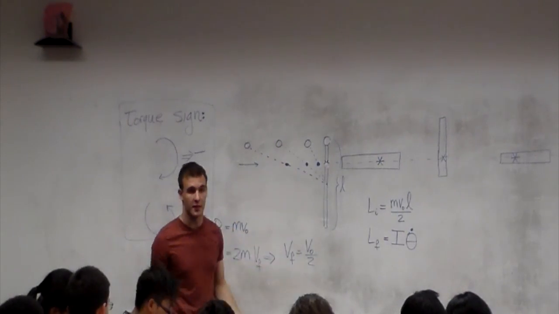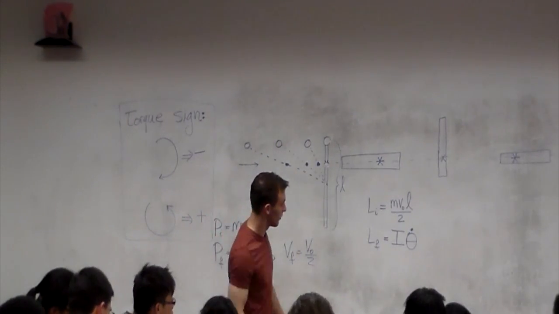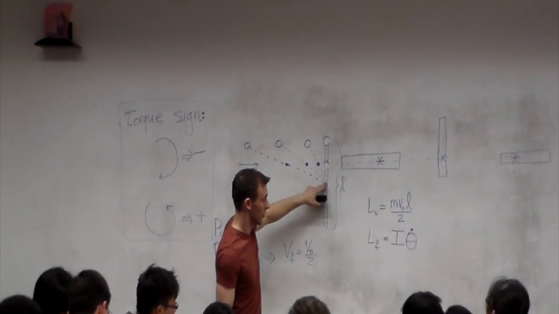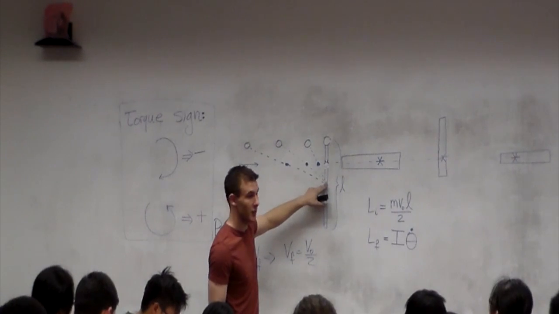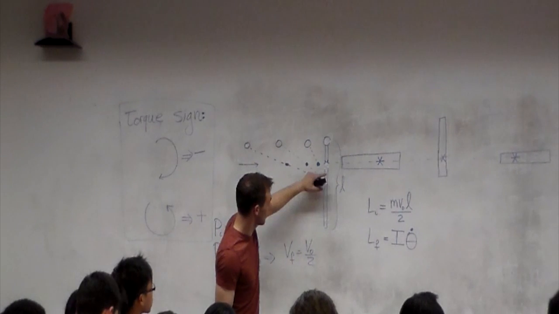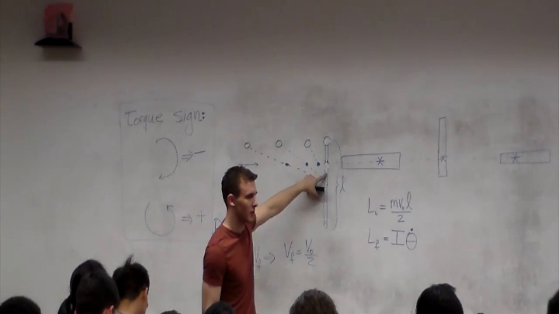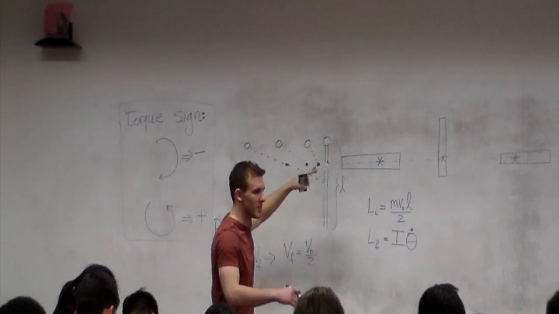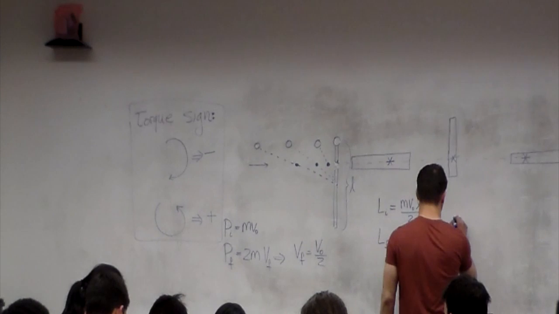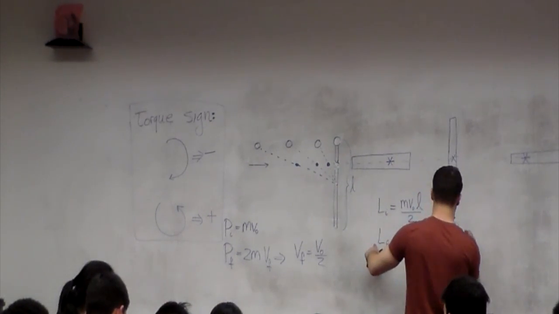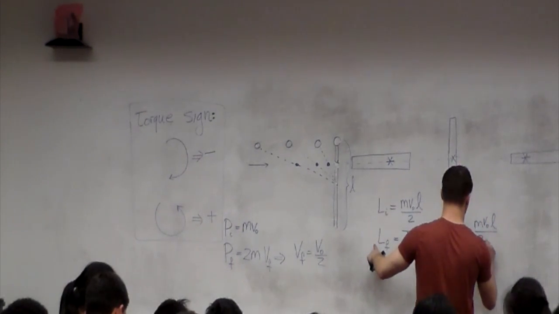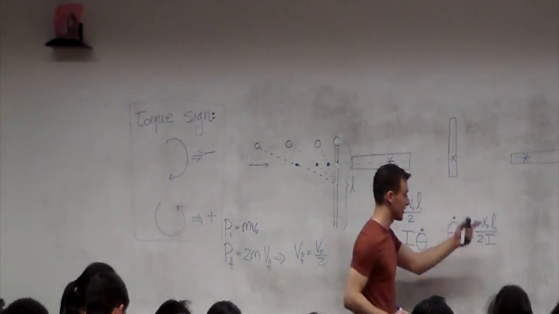I'm not going to do it because we've done that before. But once we calculate this moment of inertia, which is not ml squared over 12, which would be here, nor is it ml squared over 3, which would be here, it's in between. On the exam, we had it, ml squared over 9. So it's something in between there. But we can find that at the end of the day, this will be conserved as well, and we find that theta dot is m v naught L over 2I, whatever I happens to be.